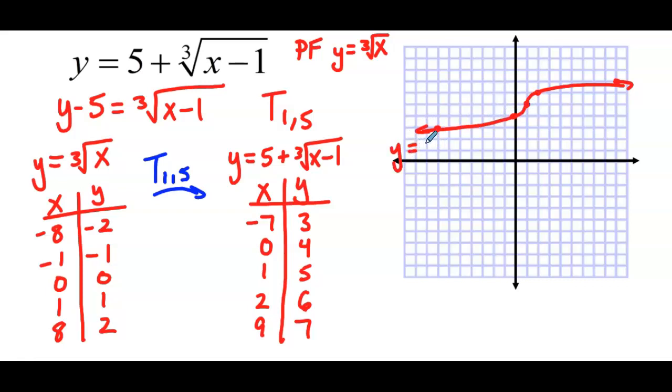So that's y equals 5 plus the cube root of x minus 1. And it was shifted right 1, up 5. Our domain, looking from left to right, is all reals, -infinity to infinity. Our range, from bottom to top, is the same. It looks like those arrows are kind of flattening, but they're going to continue to go down and up infinitely. And there we have our graph.